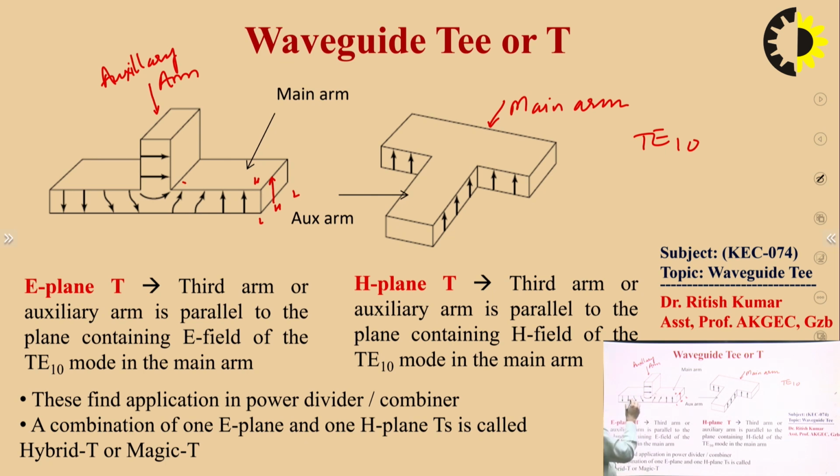You can clearly see the field comes from this port and looks like this way. Throughout this boundary the tail of the arrow comes into the picture, and throughout this boundary the head of the arrow comes into the picture.